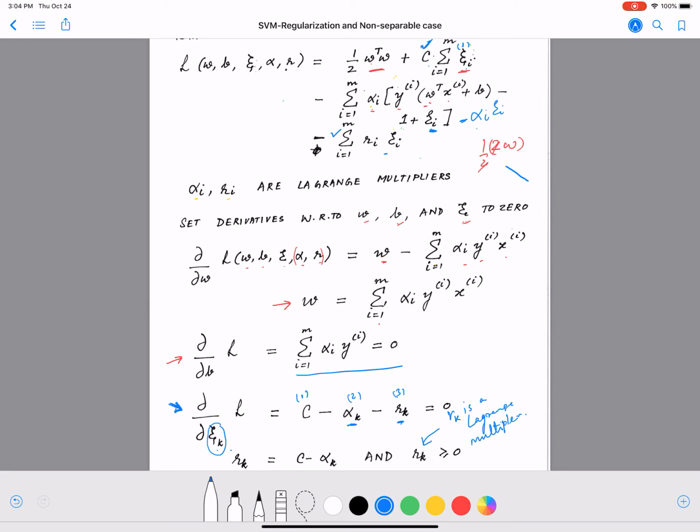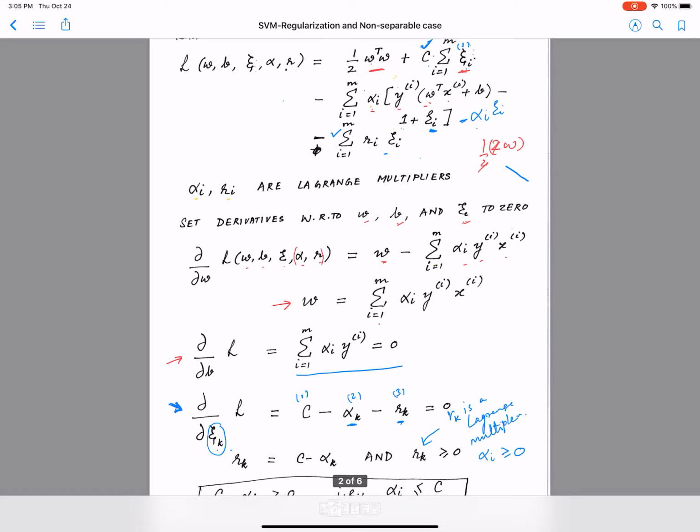So we already know that alpha I is also a Lagrange multiplier. So this alpha I should be greater than or equal to 0. We know that just by virtue of it being a Lagrange multiplier. And now we have another constraint added, where alpha I is less than or equal to C. So now we know that alpha I is bounded by 0 and C. So that's what we get when we add this new slack variable and derive for the regularized or non-separable case.